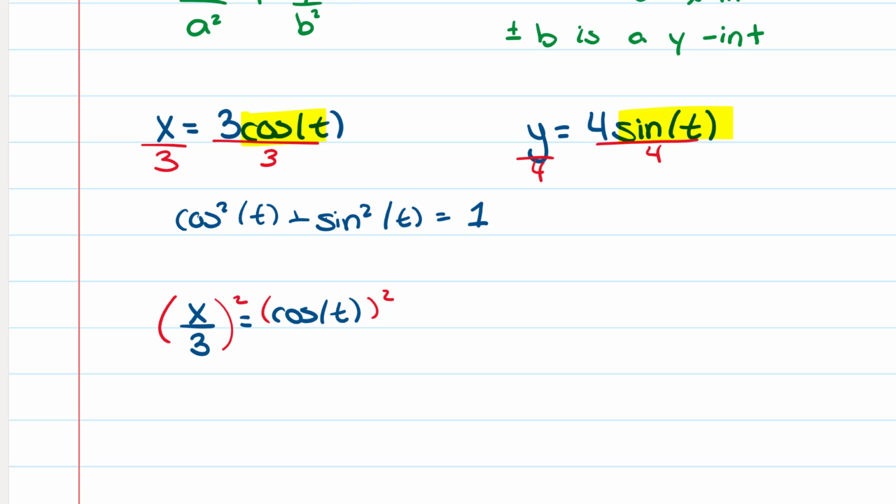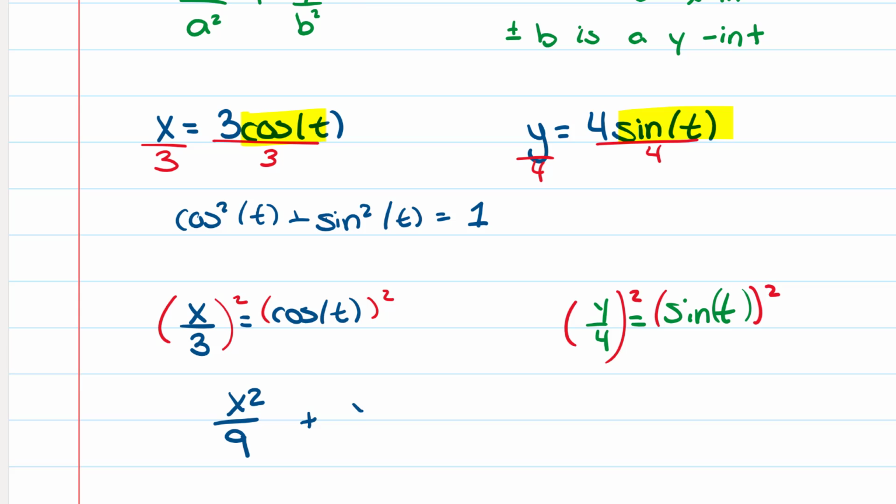So I can replace cosine squared with x squared over 9. And I can do the same idea with sine. So I have y over 4 is equal to sine of t. Then if I square both sides, I can replace sine squared with y squared over 16. And that is equal to 1, just by bringing that 1 down.